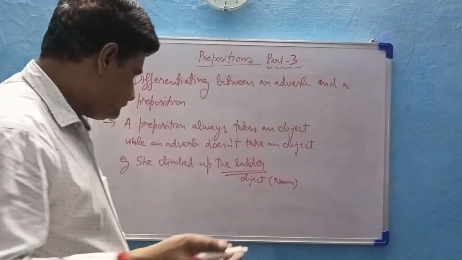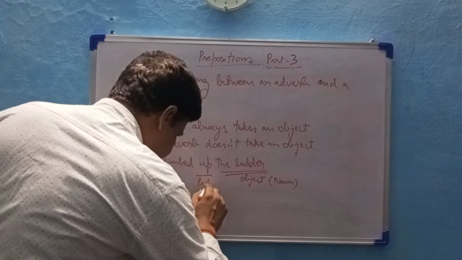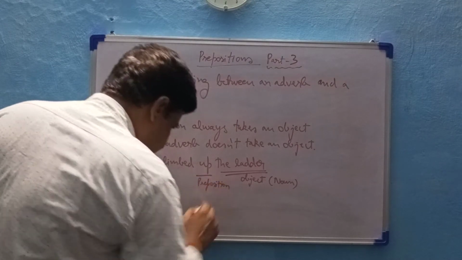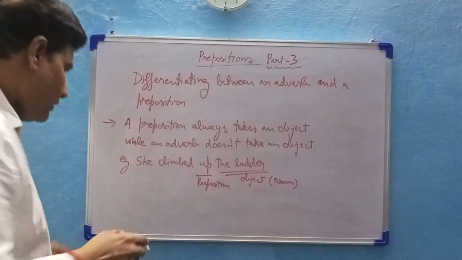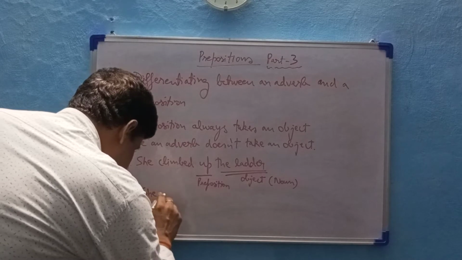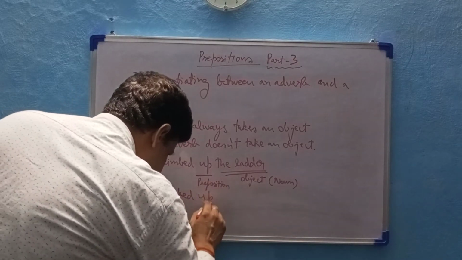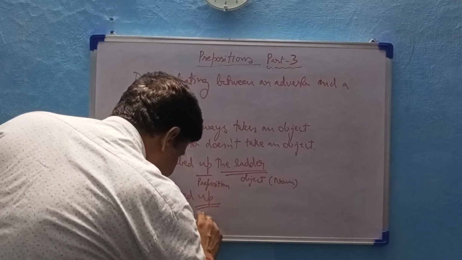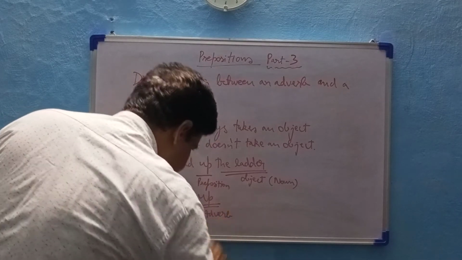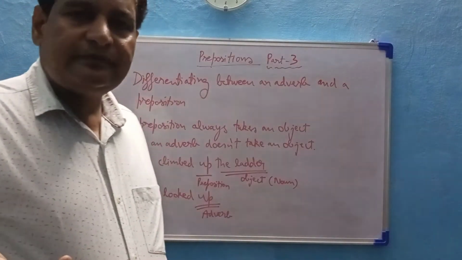Common noun. And this is the preposition. Now next example. She looked up. There is no object.